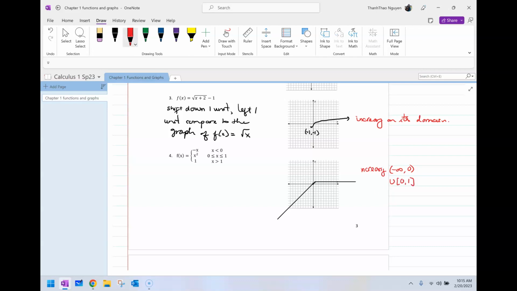Or you can say that this is increasing from negative infinity to 1, and then no change when x is greater than 1.